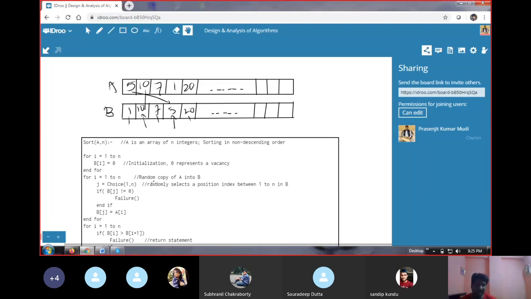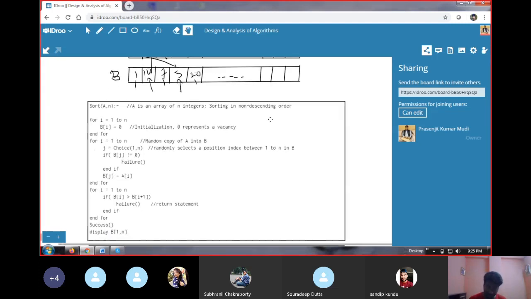Maybe the B array may not be sorted, but within a few experiments the array B may get sorted, in which case computational time will be very small as compared to traditional sorting algorithms based on order of n square or order of n log n base 2.